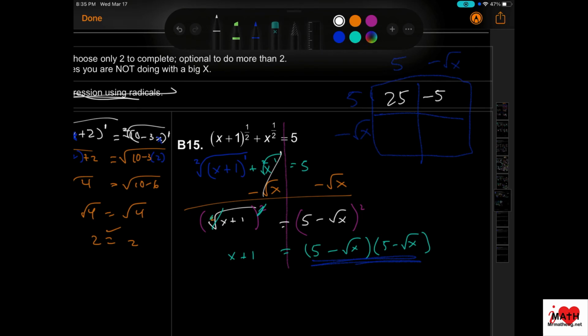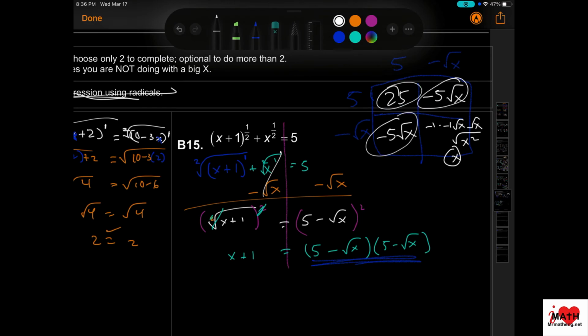Negative 5 radical x. Negative 5 radical x. And negative times negative is a positive. And radical x times radical x. So just think of it as this. Negative times negative is a positive, and then you just have really x squared, which is just x. So these are these 3.